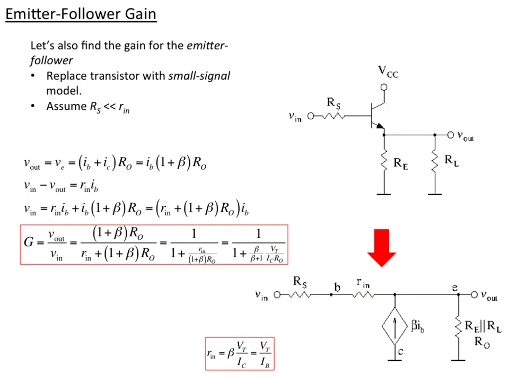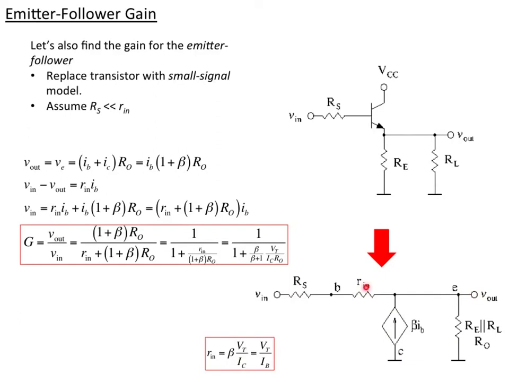And so in this case, I've just turned things around so that my collector is down here and comes from ground, and so the output voltage here, which is just VE, is the current from both of these sources flowing down through here, so that current determines this voltage.